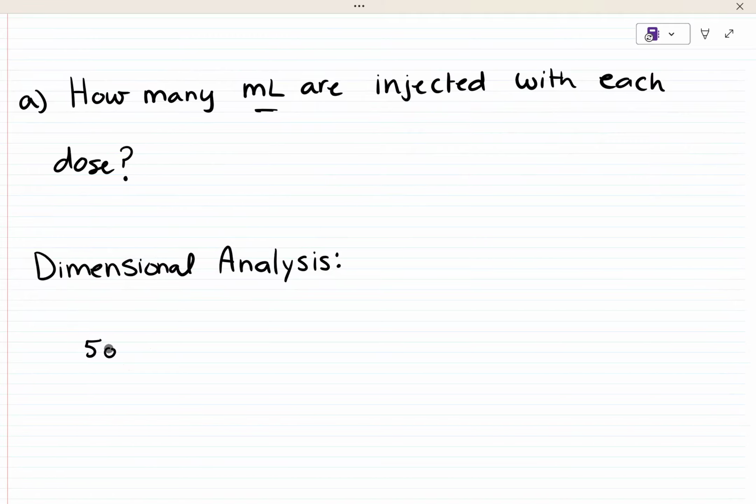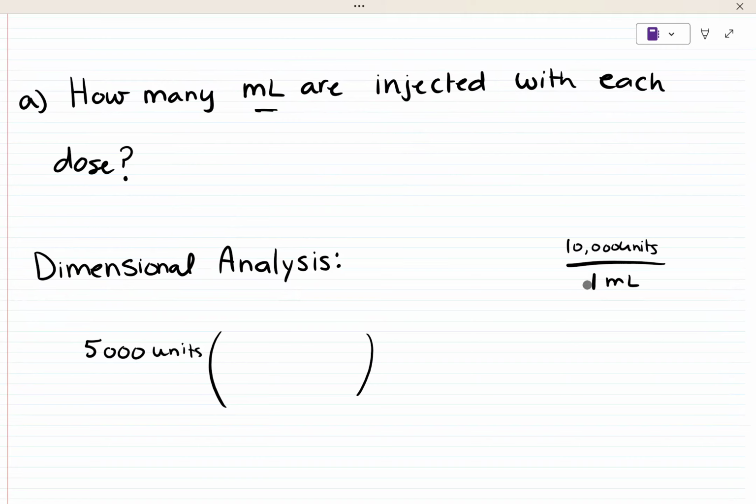We start with 5,000 units times our availability, which was 10,000 units per milliliter.